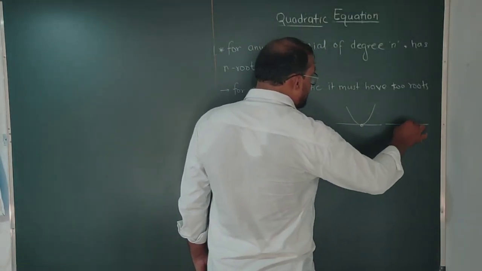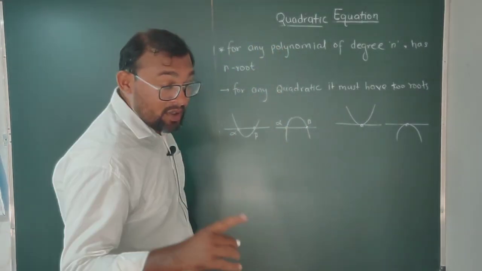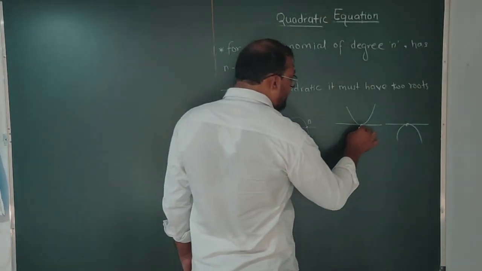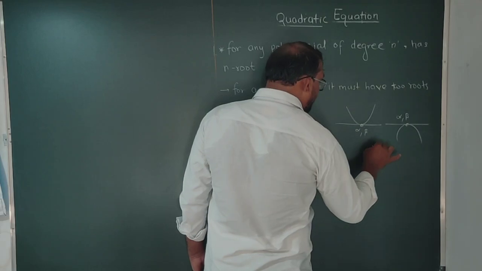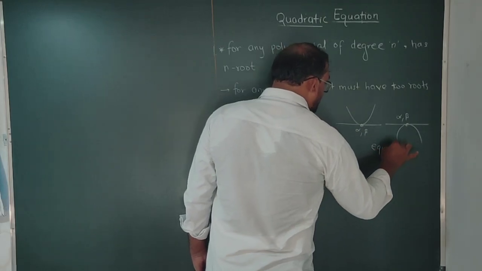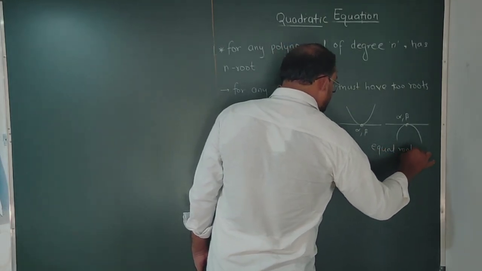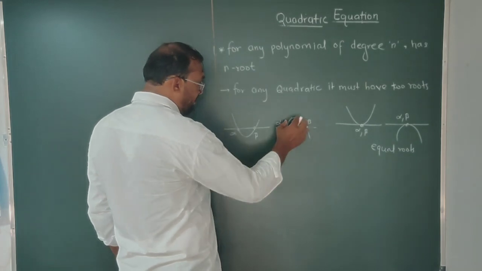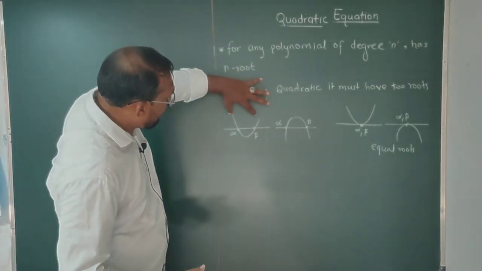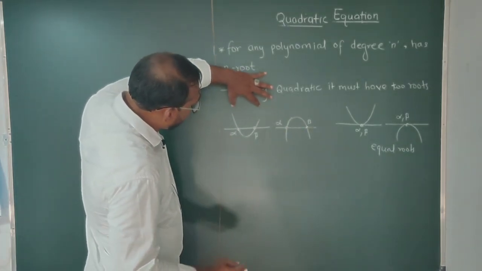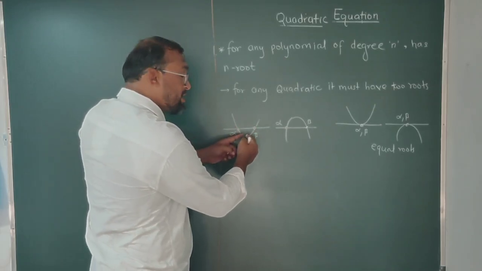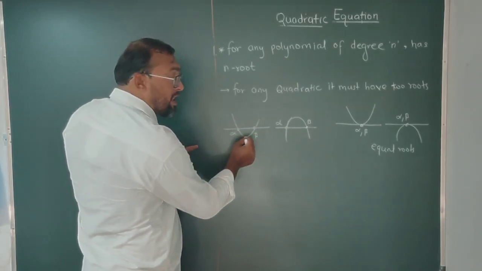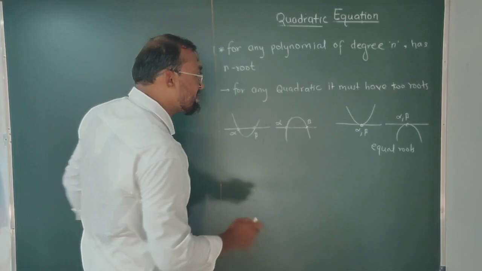But by definition, we say that there are two roots. So whenever we touch the axis, we get both alpha and beta at the same point. So both roots are equal roots. If I take this graph and pull it upward, these points shift and alpha and beta get closer and closer. So at this point, alpha equals beta and it touches the x-axis.